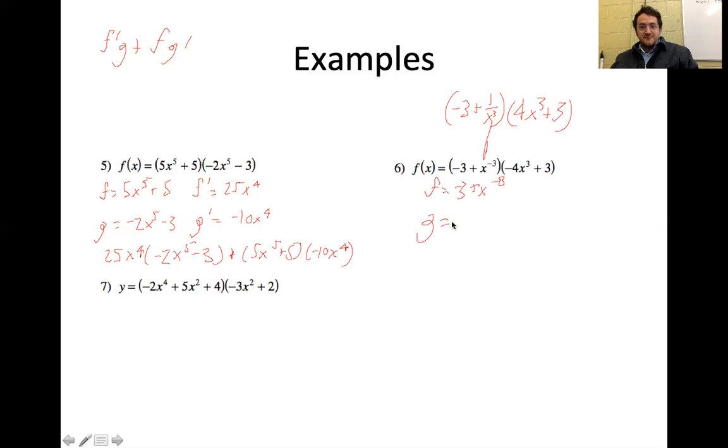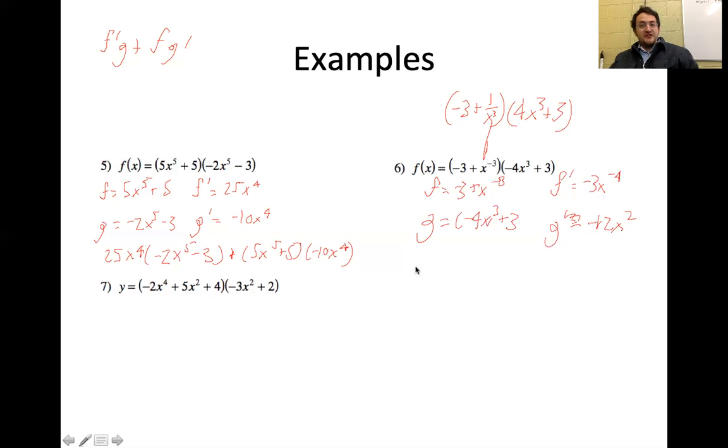And then your g is negative 4x to the third plus 3. My f prime would be, let's see, negative 3 goes away, so you'd have negative 3x to the negative fourth. And then your g prime would be negative 12x squared.